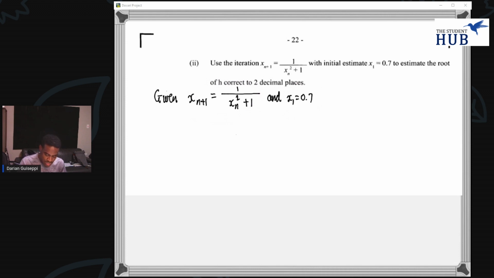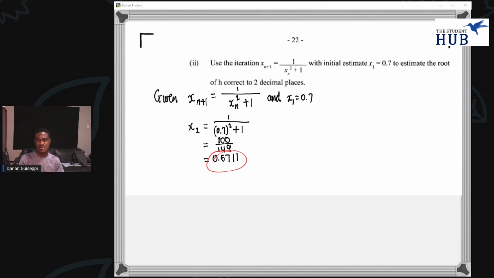So now what we do is we find x2, the second approximation. So we just plug it into the iterative formula. That's it, simple. Plug it into the iterative formula and plug it into a calculator and get the answer. So we'll get this answer here. I normally round off any answer.